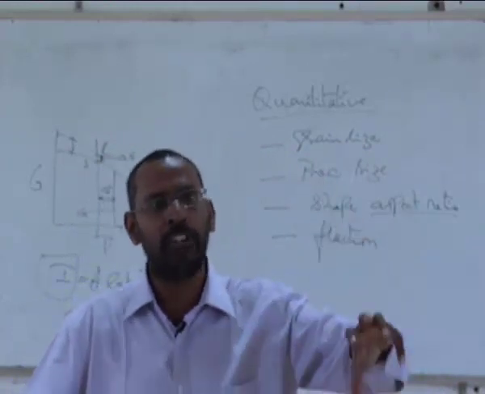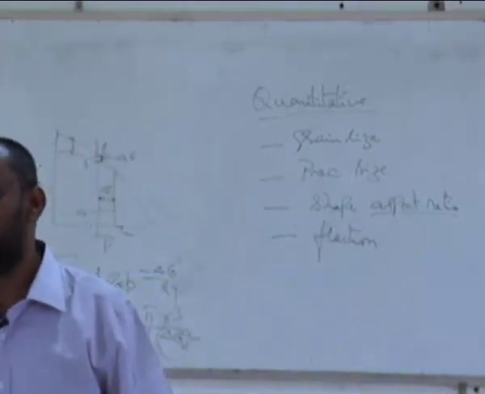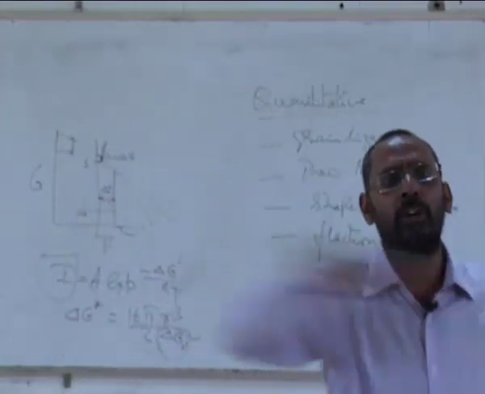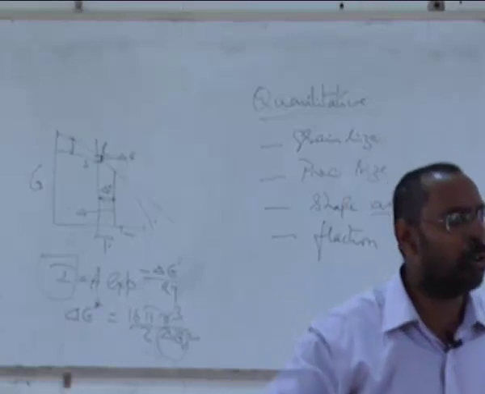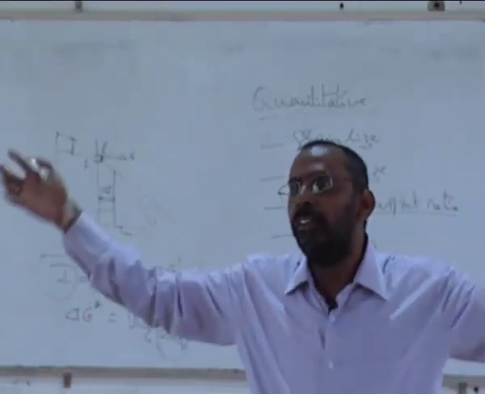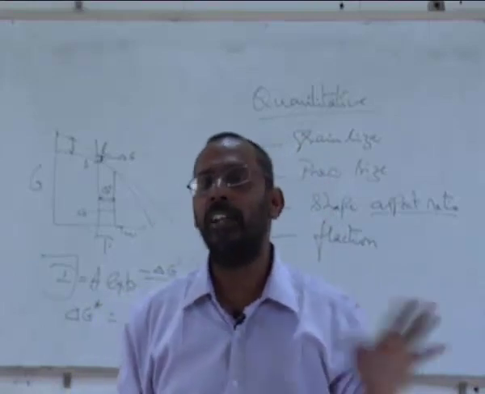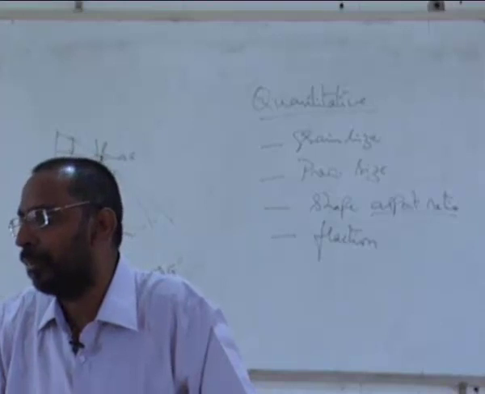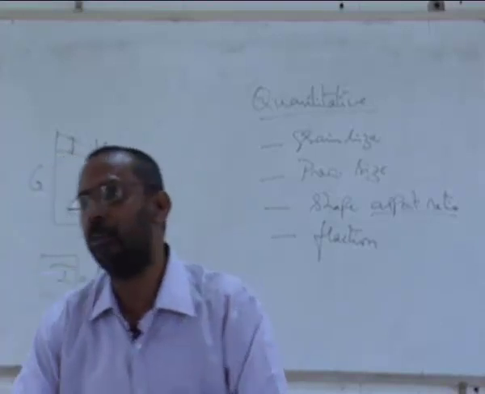One is nucleation, another is growth, right? If all nuclei have formed at time t equal to 0, and they are all growing isotropically in all directions, then you will see that in the casting all grains will have the same size. So this is a very, very idealistic situation. It doesn't happen. There is always something called a transient nucleation.